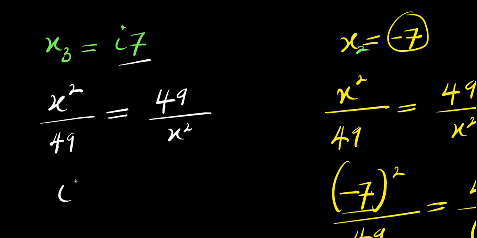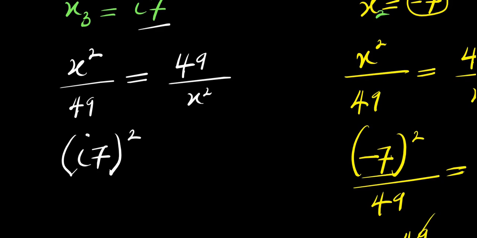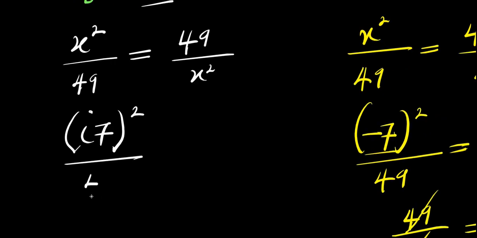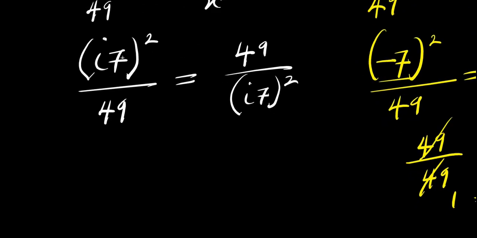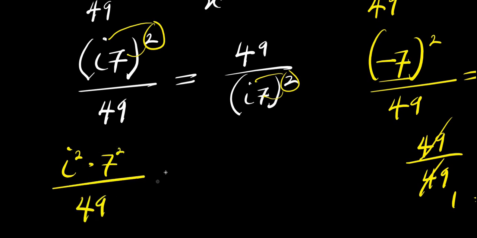For x, we have i times 7 power 2 divided by 49 equals 49 divided by this power 2. So I can decide to distribute this to each of the terms. That means i squared times 7 squared divided by 49 equals 49 divided by i squared times 7 squared.